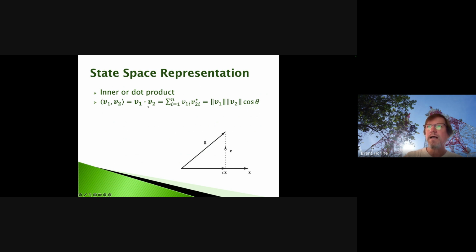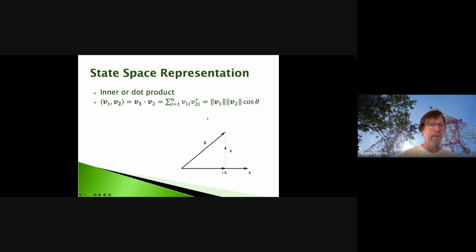This vector 2 could be the unit vector, which would give us the projection onto that. And we can do it in terms of the cosine of this angle here, and then multiplying the two vectors, that also gives us a dot product, or we can calculate it in this way.